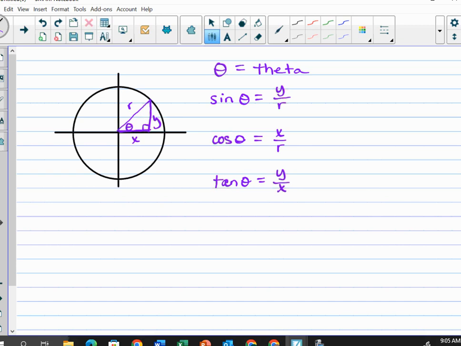Now, do you guys know cosecant, secant, and cotangent? Cosecant, we abbreviate CSC. It is just the reciprocal of sine. So what will it be? R over Y, yes.